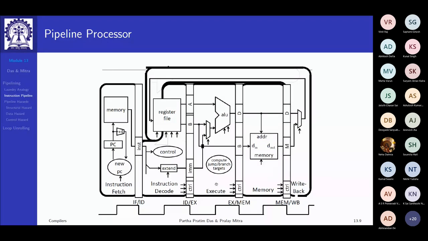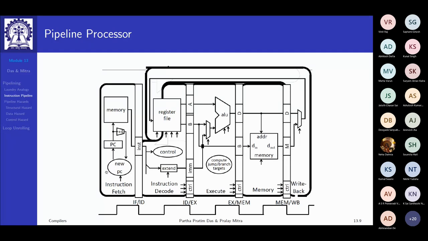So if we look at a very naive pipeline processor architecture, we'll have instruction fetch happening here, then the instruction decode, then the instruction execute, then the memory access, and then the write back.